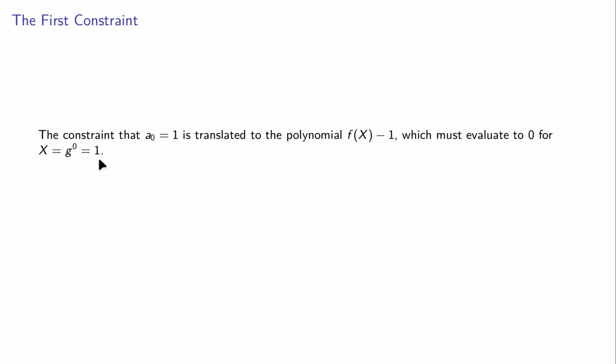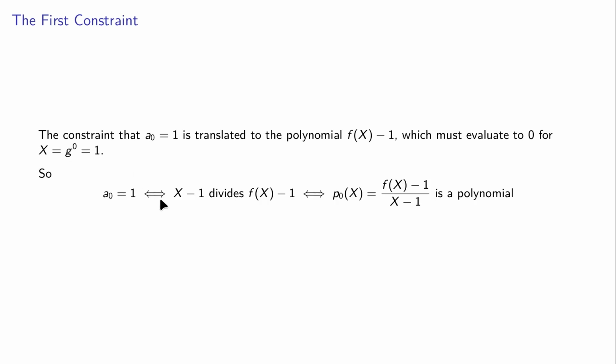Okay, so this is depicted in this equation. a0 equals 1, which means that x minus 1 divides the polynomial f of x minus 1, and this is saying the same, that if you look at this division, then what you get is a polynomial, right?